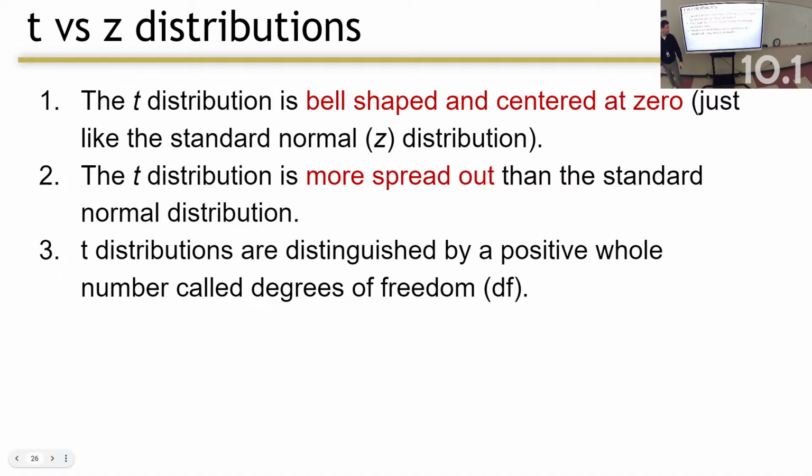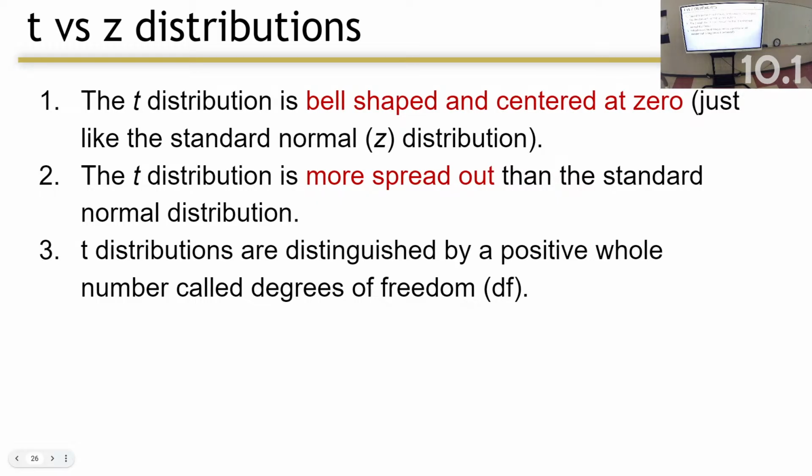T distributions are distinguished by a positive number called DF, or degrees of freedom. So T distributions change, right?